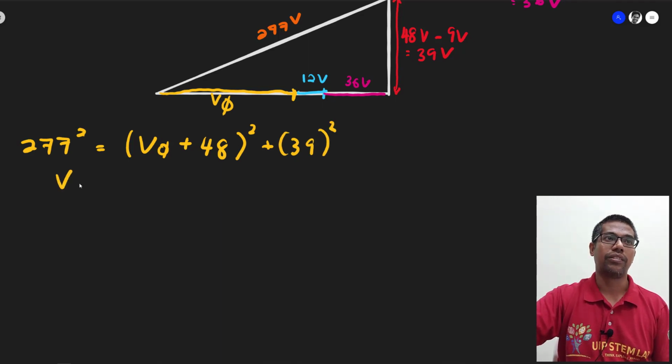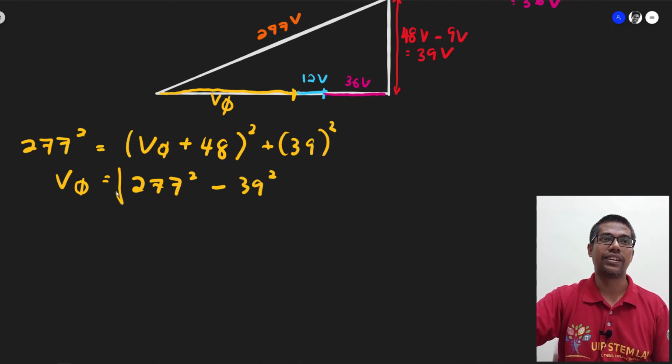So how do we get V phase? V phase will be equal to the square root of 277 squared minus 39 squared, after that minus 48.